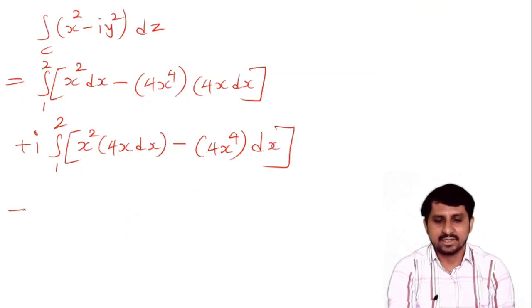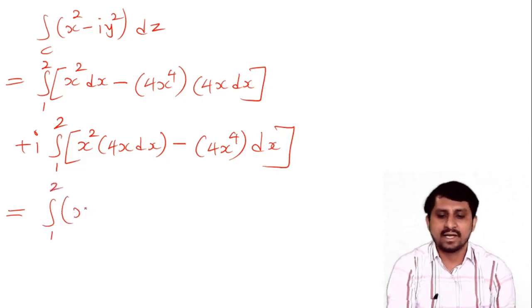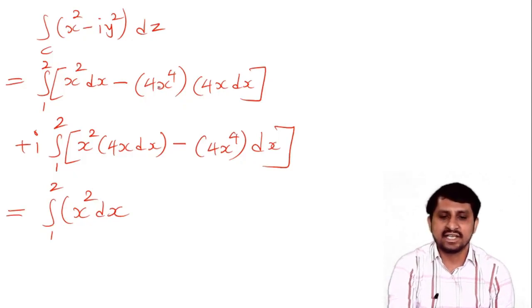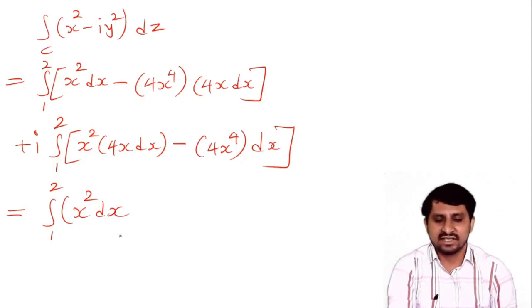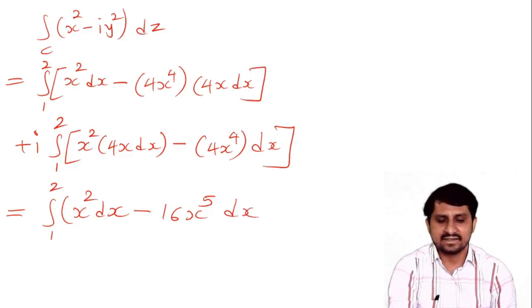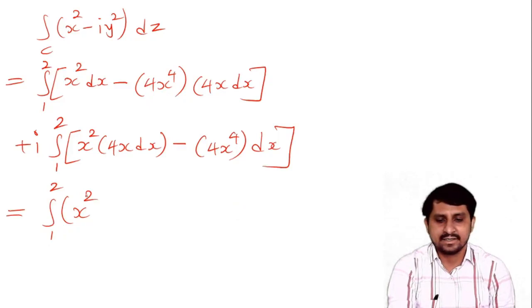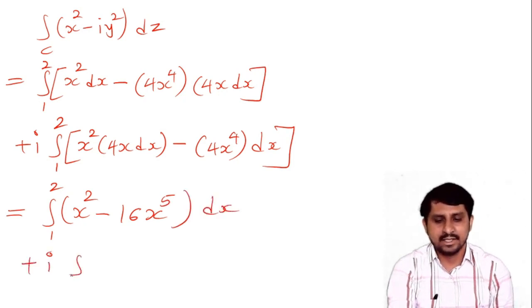Now just simplify: integration from 1 to 2 of x square dx minus, 4 into 4 is 16, x raised to 4 into x gives 16 x raised to 5 dx. Taking dx outside the bracket, this equals x square minus 16 x raised to 5 dx, plus i integration from 1 to 2.